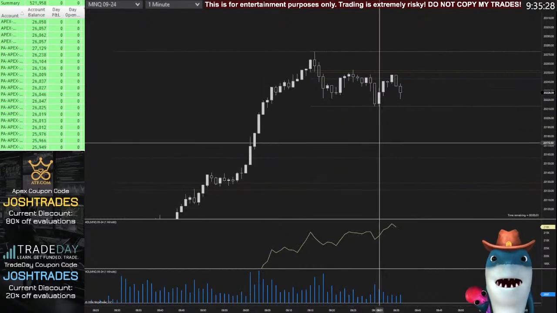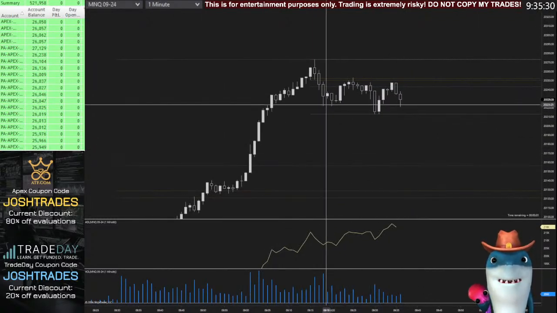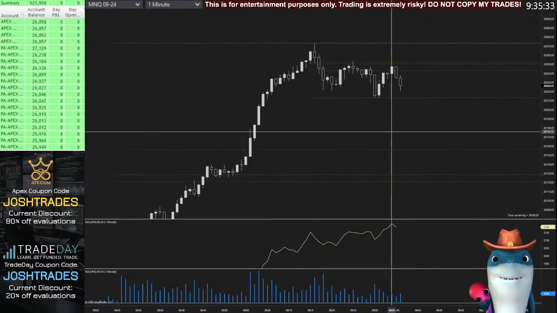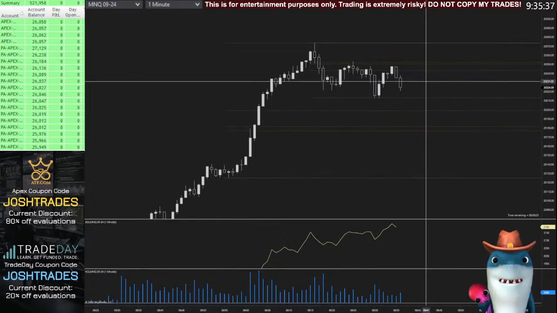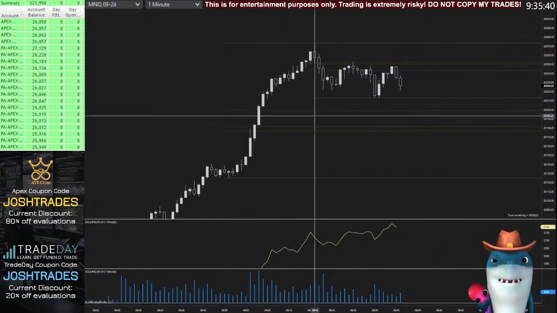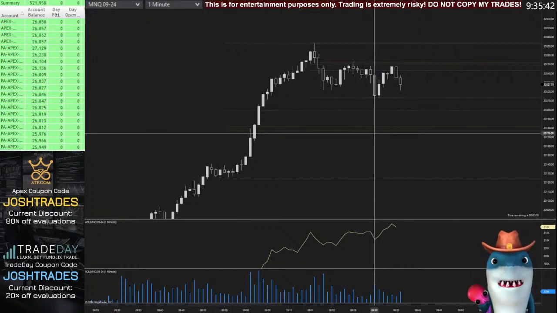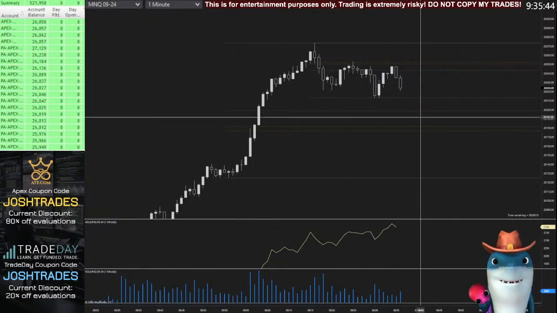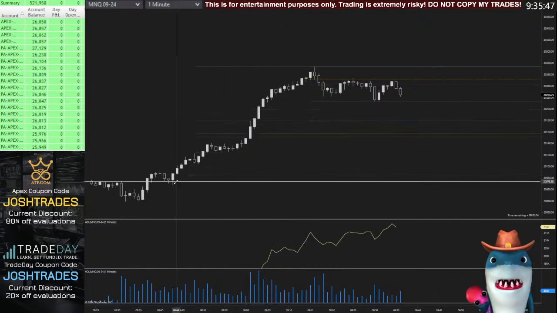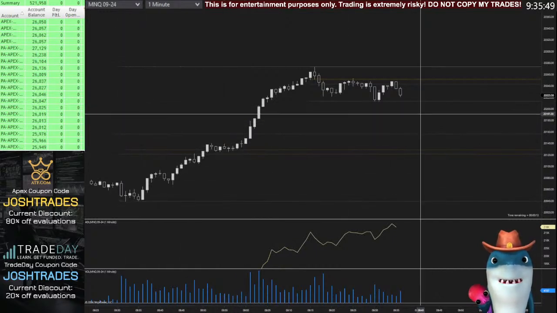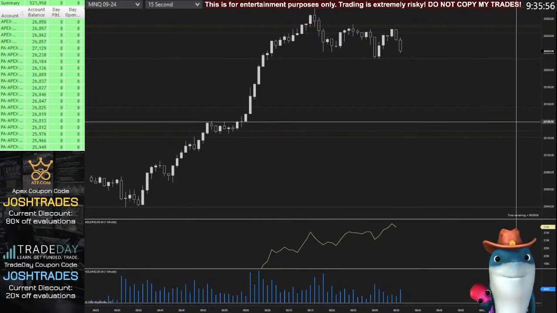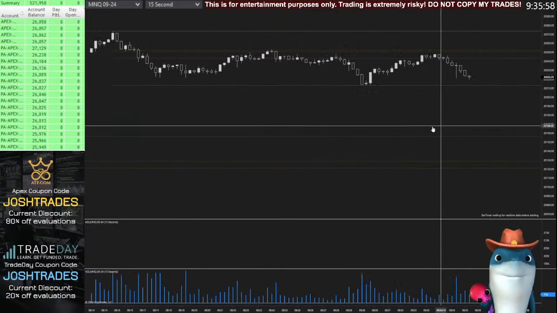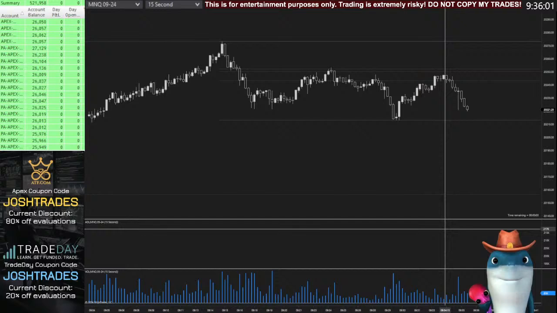Because right now, even on the 1 minute time frame, I guess we can call this an uptrend, but there's like no liquidity around the levels that I want to enter. Okay, back to the 15-second chart.